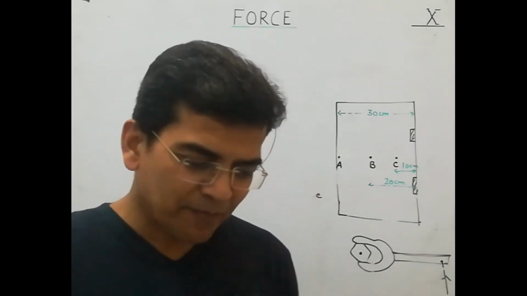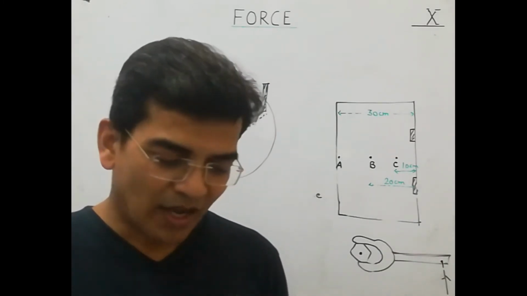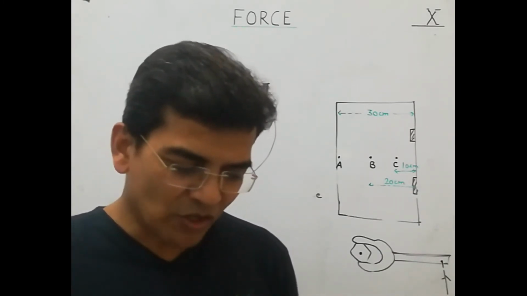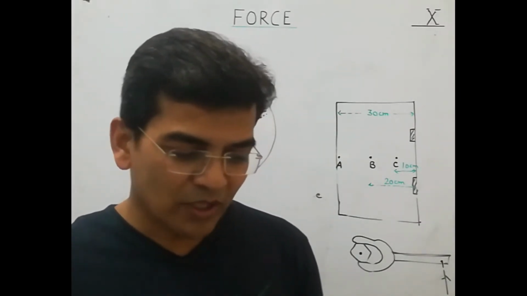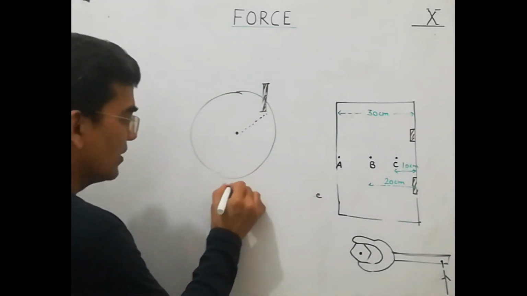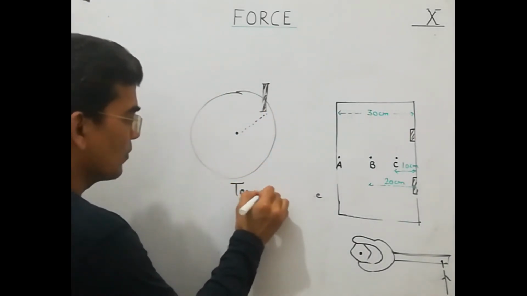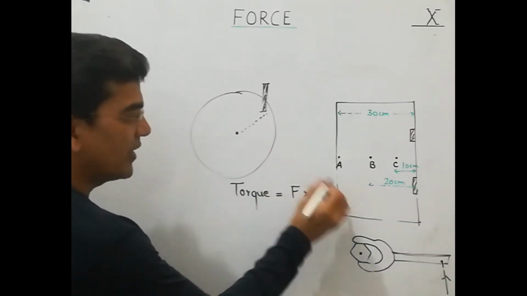Above examples can be explained by the fact that turning of a body about an axis depends not only on the magnitude of force, but it also depends upon the perpendicular distance. That means the torque required depends upon force and distance.